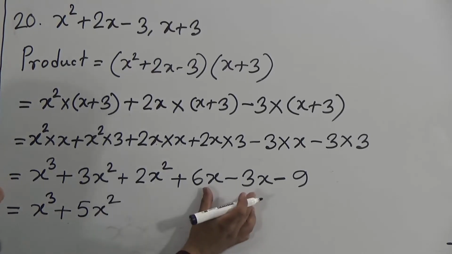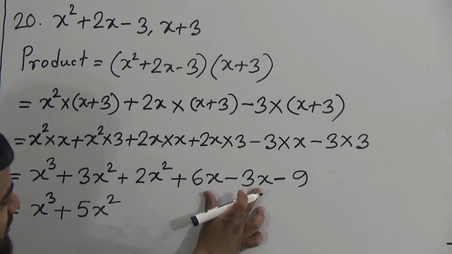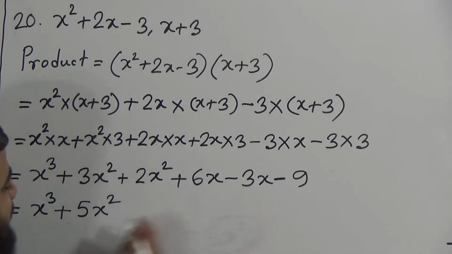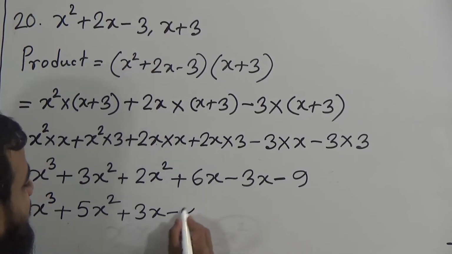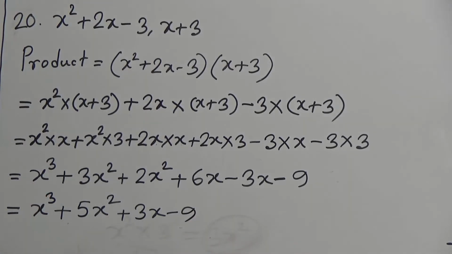Now 6x and minus 3x are similar terms, so subtracting 3x from 6x, we will get plus thrice x. Then the coefficient is minus 9. So our result will be x cube plus 5x square plus thrice x minus 9. It will be our answer.